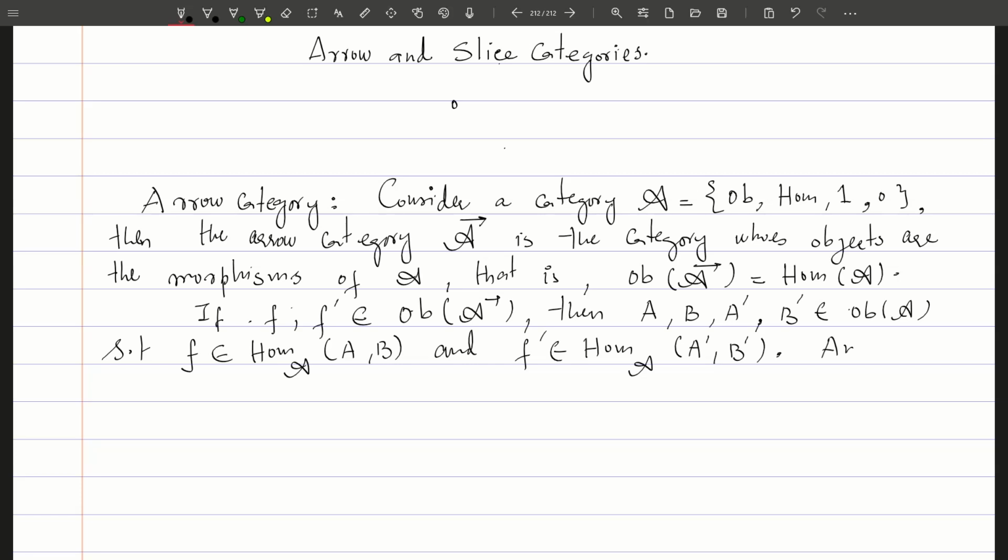An arrow from F to F prime is actually a pair of maps, say G and H, or let us call this G and H, of arrows in A, such that the following diagram commutes.